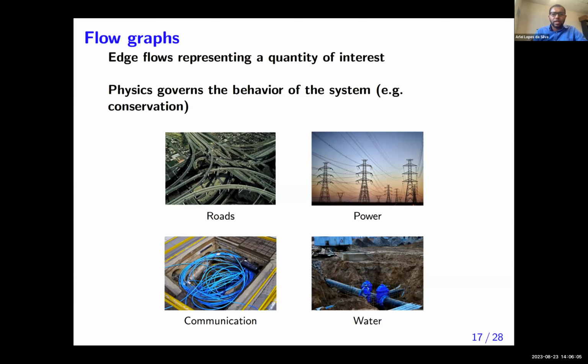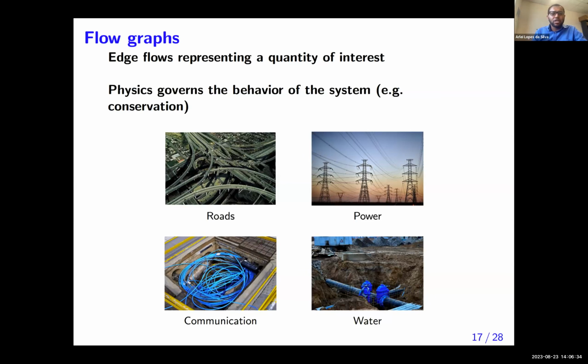You can think of it like a road network where you have cars that move over the edges of the road network, or a power network where you have power moving through the wires, communication where you might have bits or information being transferred, or even water, where this quantity is just water being transmitted, for instance, across the city. So these are all networks that have this physical quantity that's being distributed through the structure of the network.